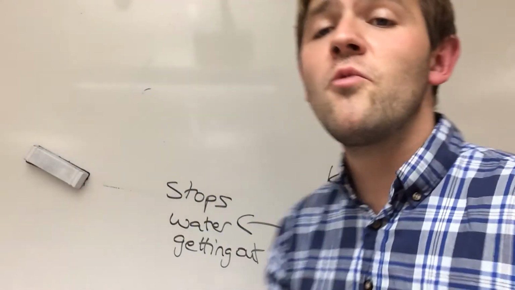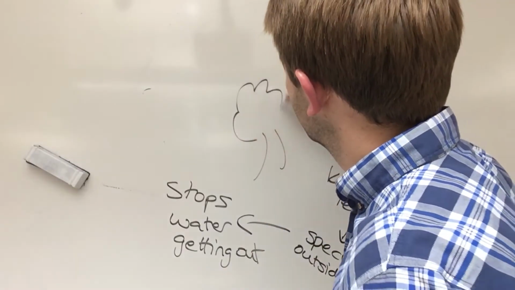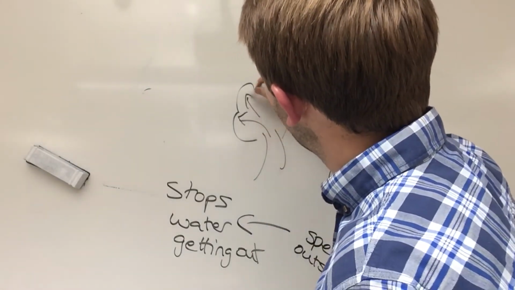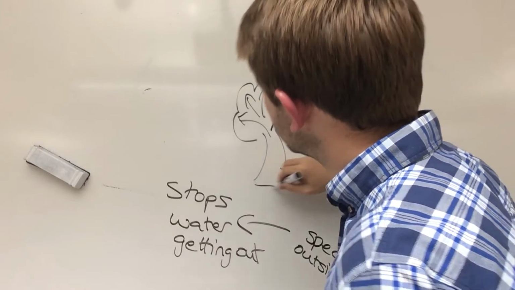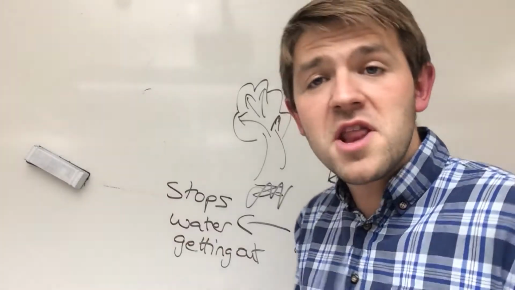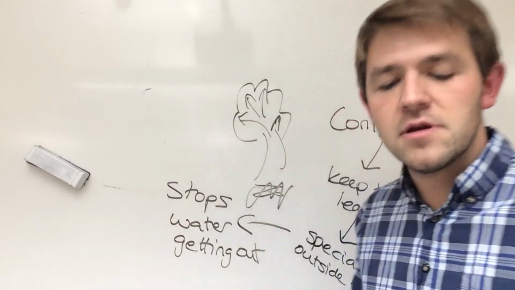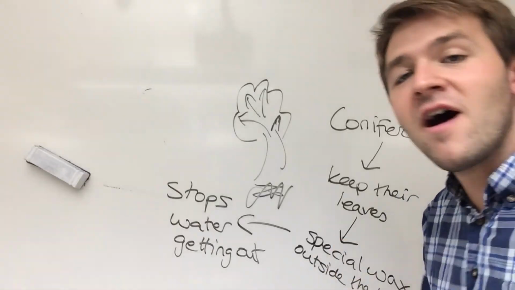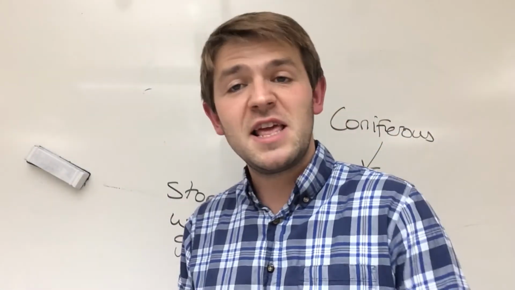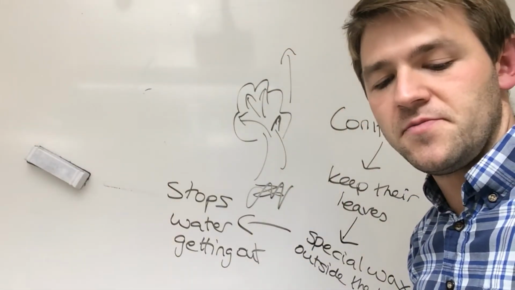And by stopping water getting out of the plant, here's my little plant again, no water gets out, so the water stays in, so it can still live. It doesn't grow anymore, but it can slow down and stop. So the coniferous can survive without losing the leaf, because no more water goes up and out.